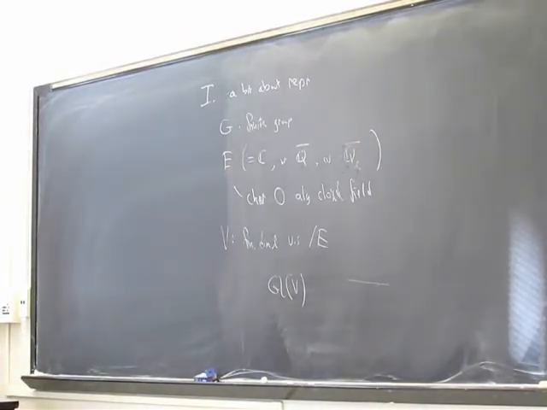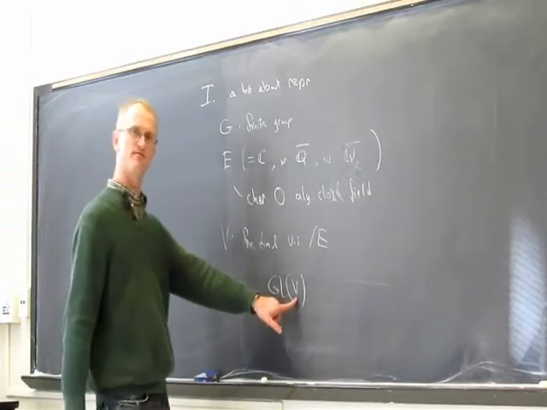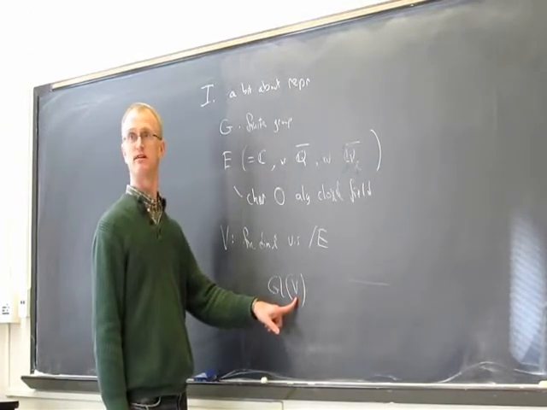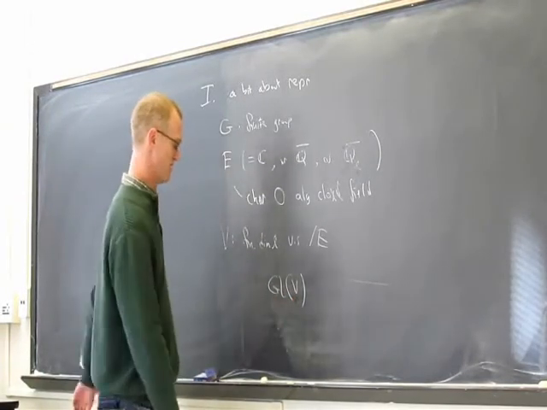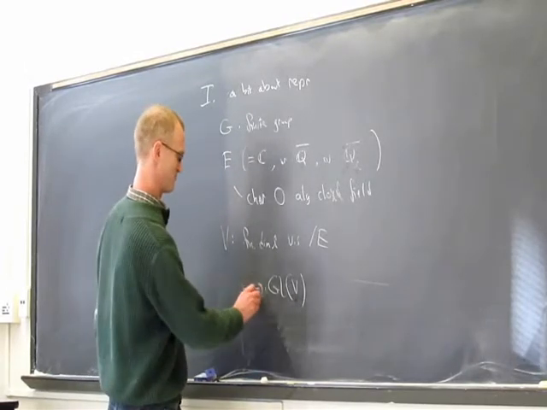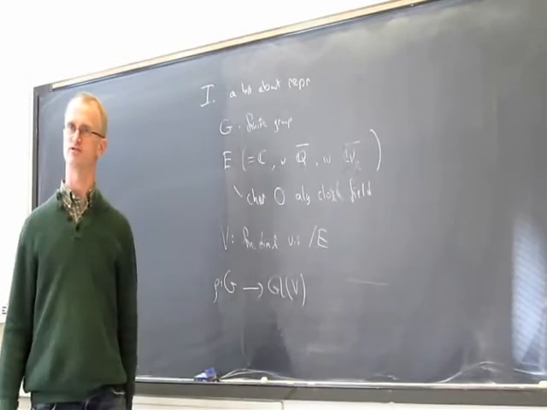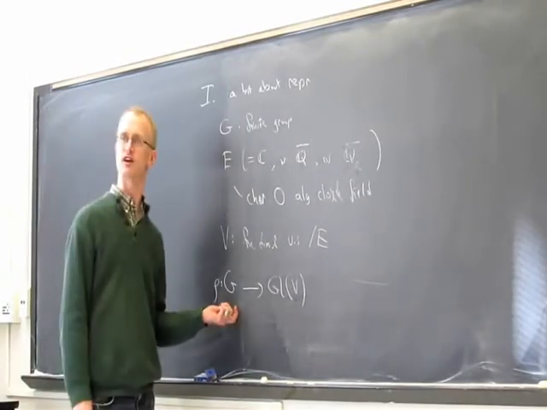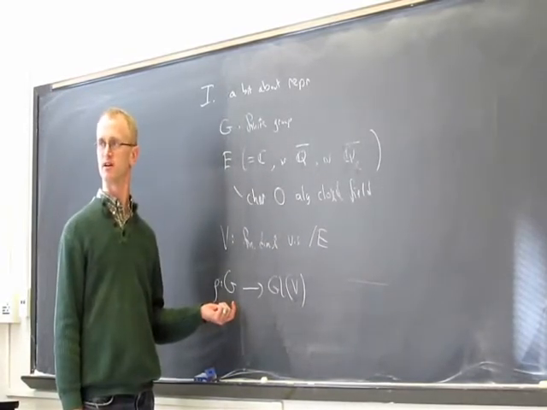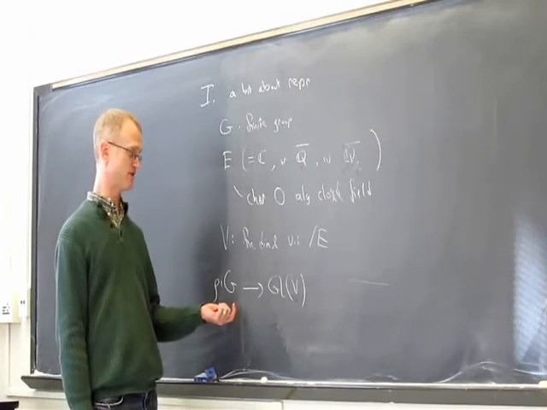That is a fancy way of saying the dim V by dim V invertible matrices with entries in E. So it's a matrix group, and I would like to put G inside that matrix group, though I don't care whether it's actually injective. I just need a group homomorphism from G to that matrix group. So that's what I mean by representation.